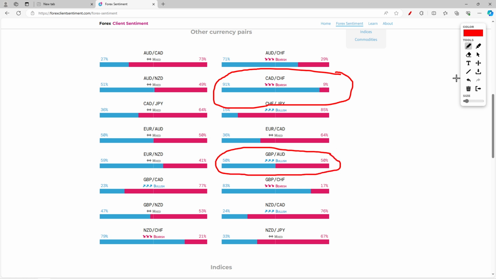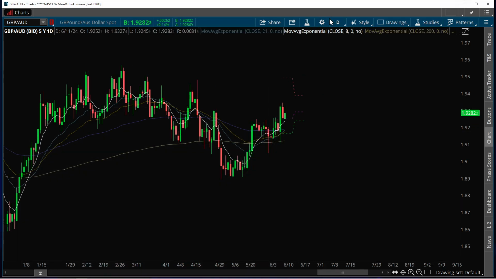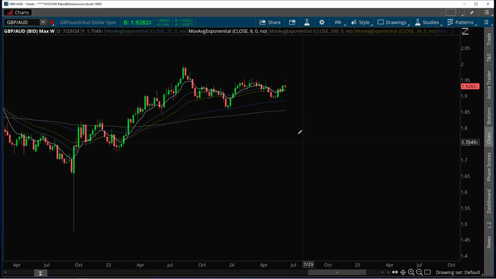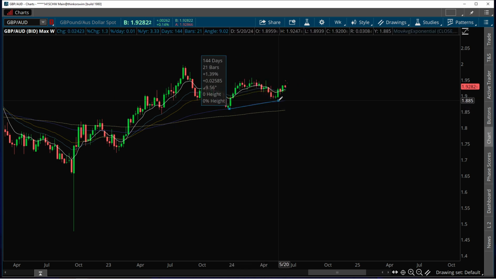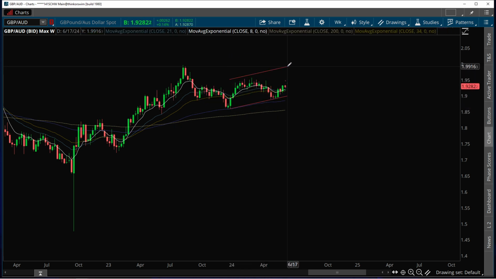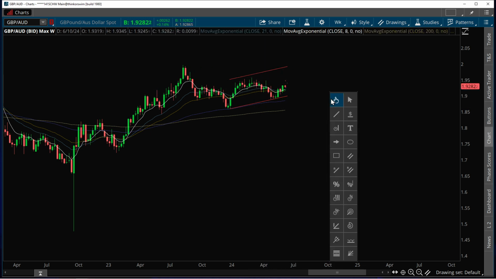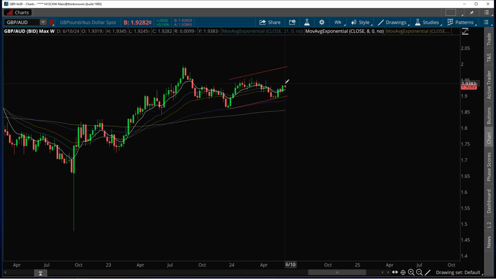We did close above the 8 on the weekly chart, right? So, and we are looking for this pattern here on the weekly chart. We're above the 8 on the weekly, and we're looking to come take out these highs, and we're looking for this still, right?